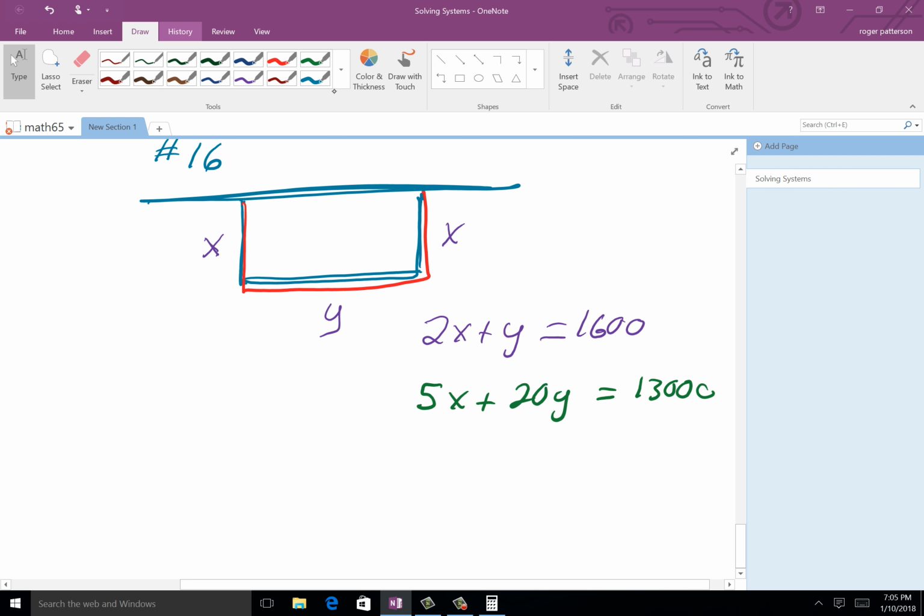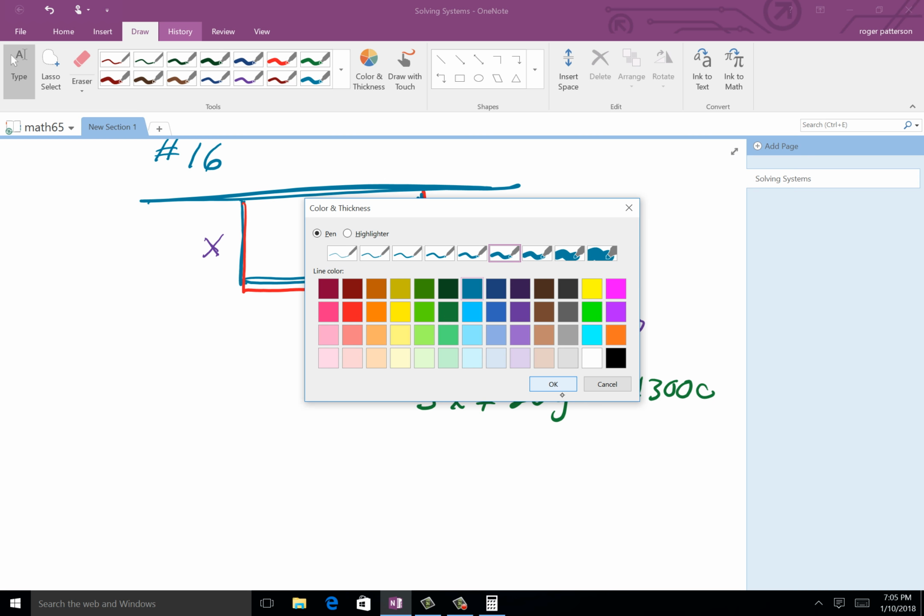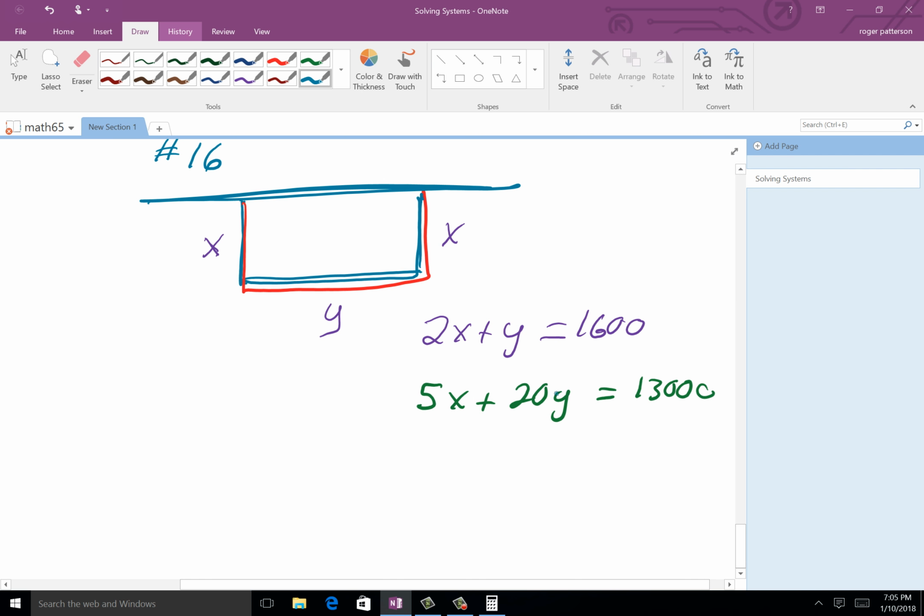What would you like to use? Elimination? What are you going to eliminate? Eliminate the y? Okay. So we're going to eliminate y. How are you going to do that? Times -20. So multiply the top equation by -20?